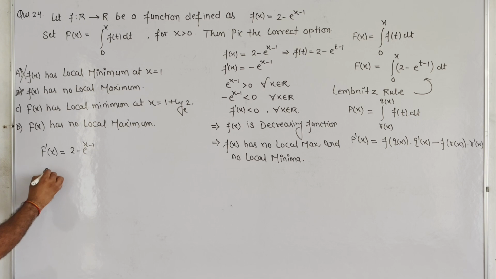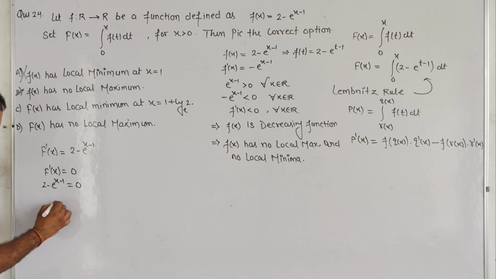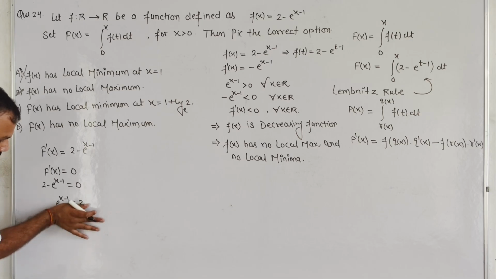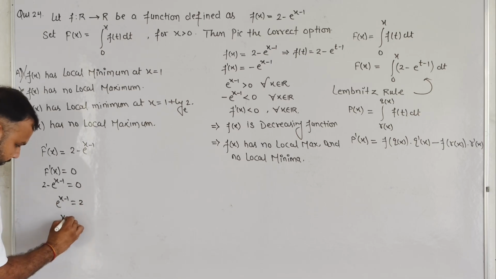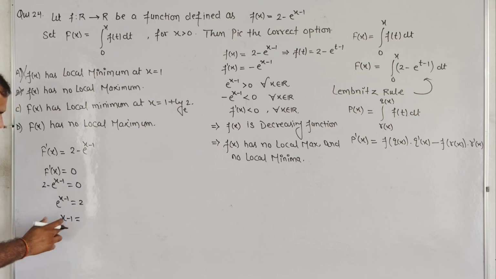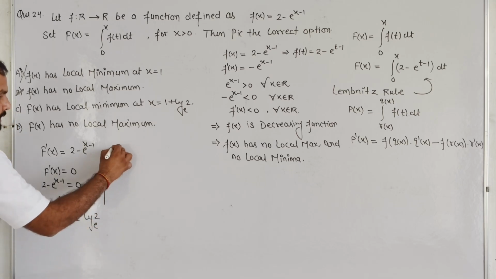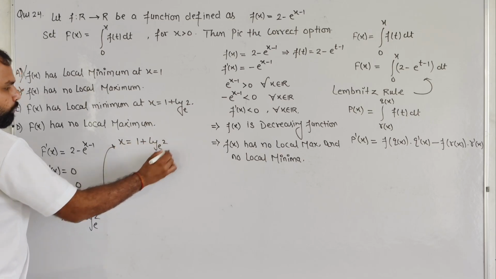So we need to calculate capital F dash x equals 0: 2 minus e to the power x minus 1 equals 0, so e to the power x minus 1 equals 2. Taking log with respect to base e on both sides, it becomes x minus 1 equals log e 2, and the value of x in that scenario becomes 1 plus log e 2.